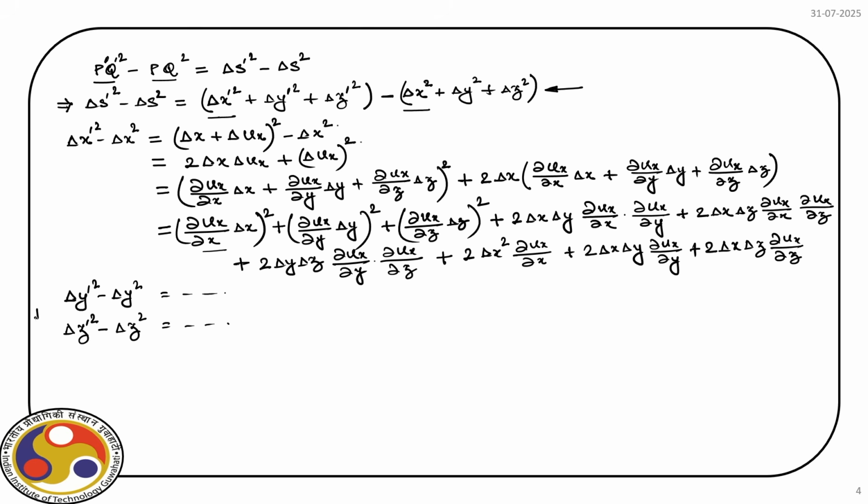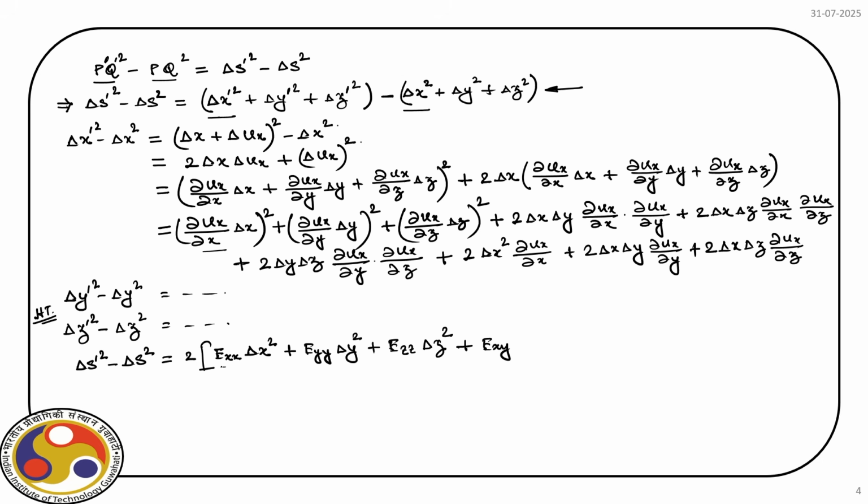So, I leave this as a home task for you, and then the final expression what you get is delta s prime square minus delta s square is twice, within bracket we have e of x x delta x square plus e of y y delta y square plus e of z z delta z square plus e of x y.